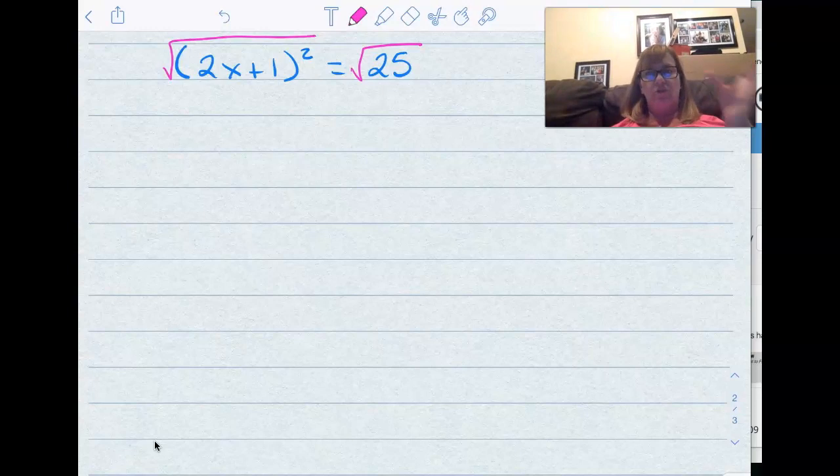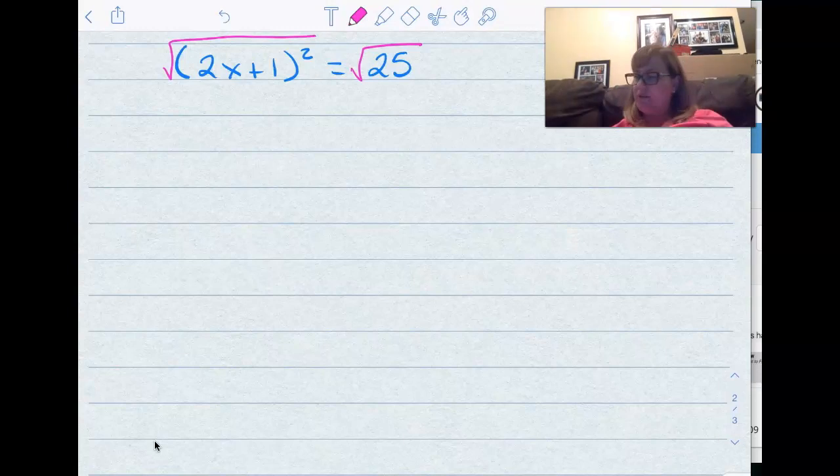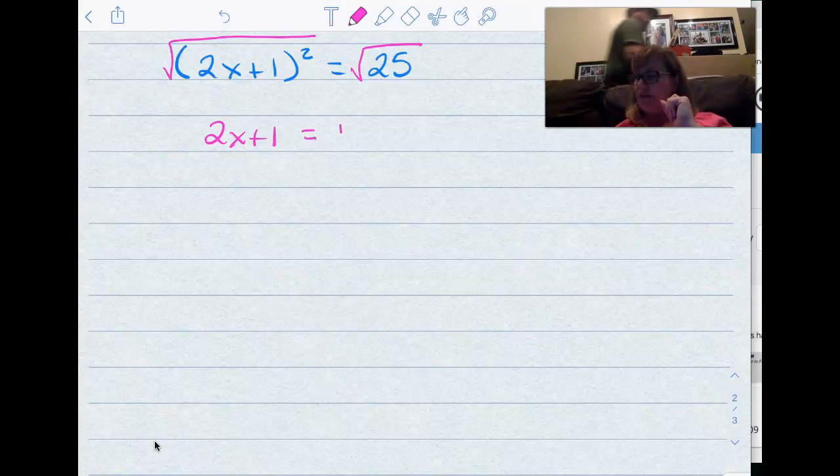Well, just like the square root of x squared was x, if you have parentheses squared, anything inside that parenthesis then is going to be what the square root is. So the square root of 2x plus 1 squared is just 2x plus 1, and the square root of 25 is a positive or negative 5.